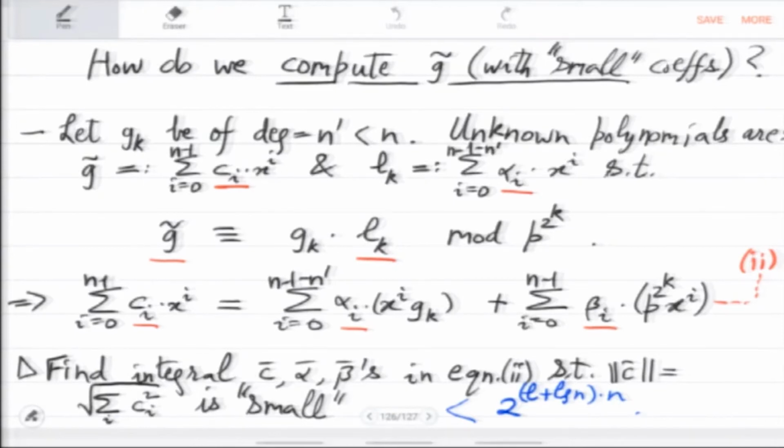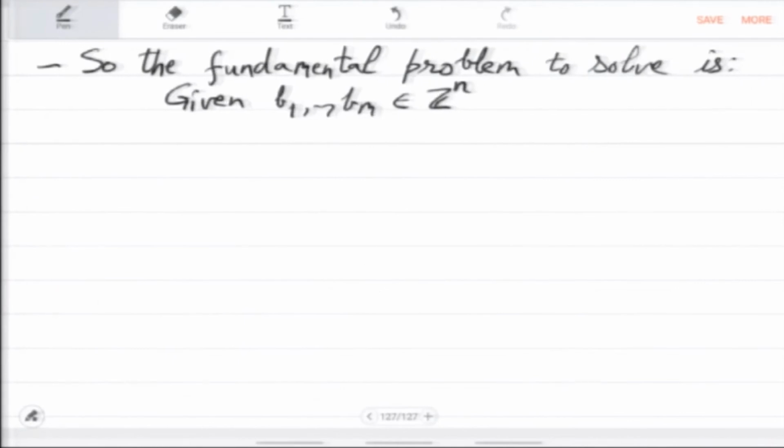Okay, so that you can compute, you have it, but that is not the answer that you want. So you actually want their integral combination such that the norm is small.